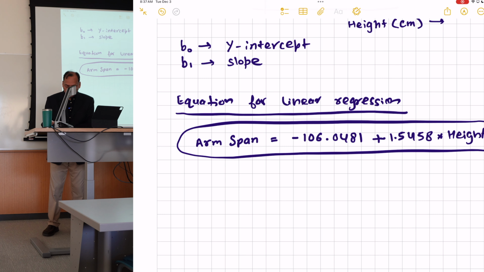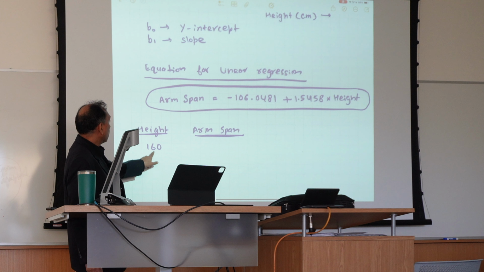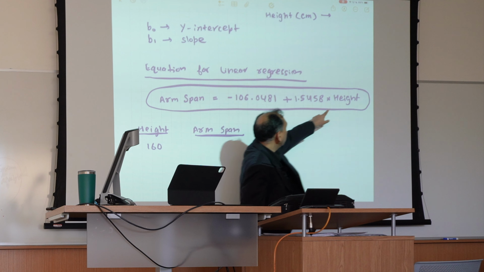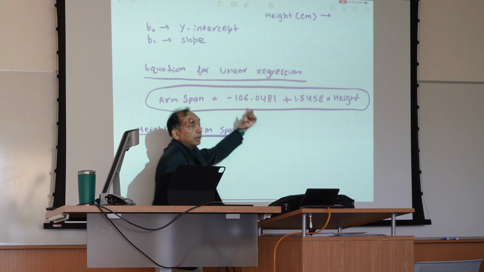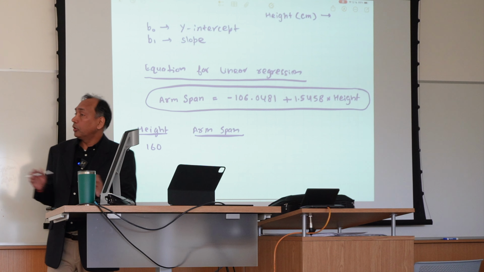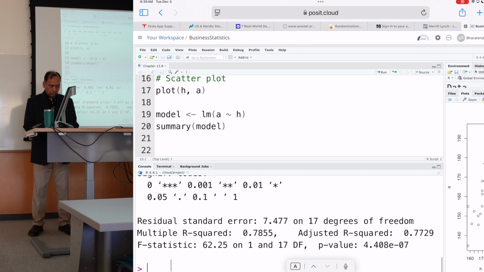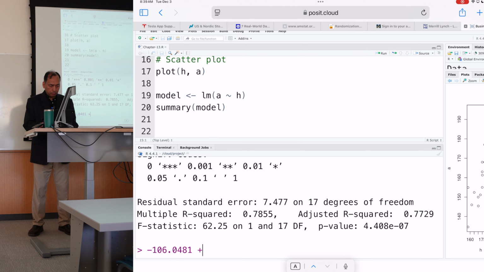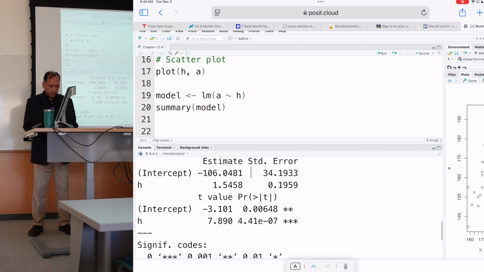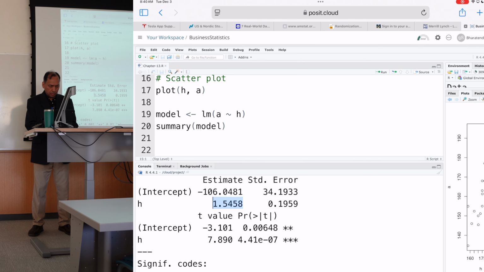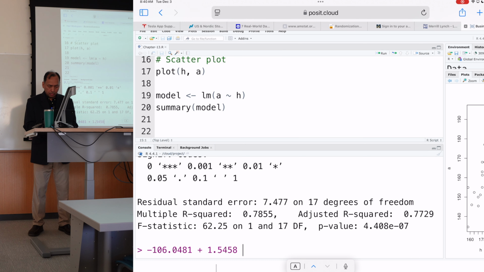You can use this equation to estimate, if height is 160, then what is going to be your arm span. So you plug in 160 here, so 160 times this, and then you add the intercept and you get a prediction. So what we are doing is plus 1.5 something times 160.